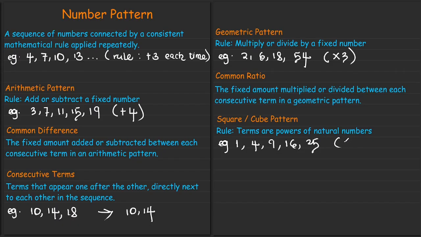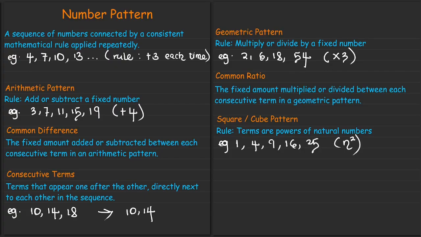The rule is simple. That is n to the power 2. So for every number, just square it, and then it forms part of the square pattern. So the square pattern is simply to the power 2.